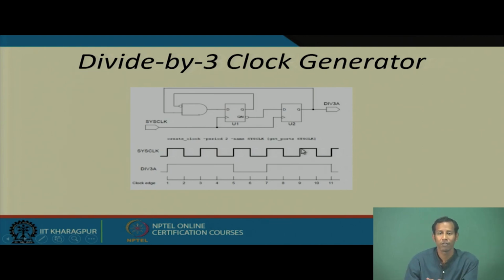Then again after 1 clock period it will be 0, then it goes back to 1. Something like that you have to generate, or you can create this divide by 5, divide by 7, divide by 9, divide by 11, any of these circuits related to this kind of configuration.